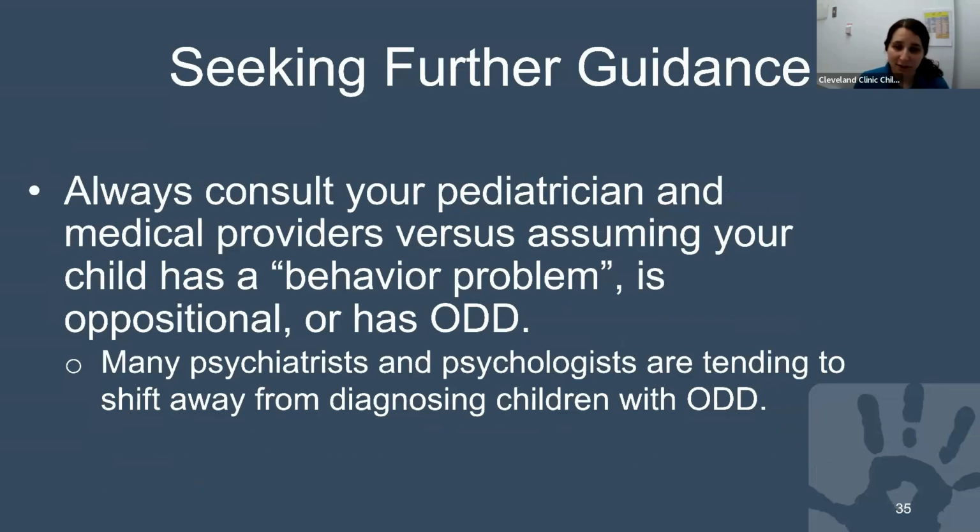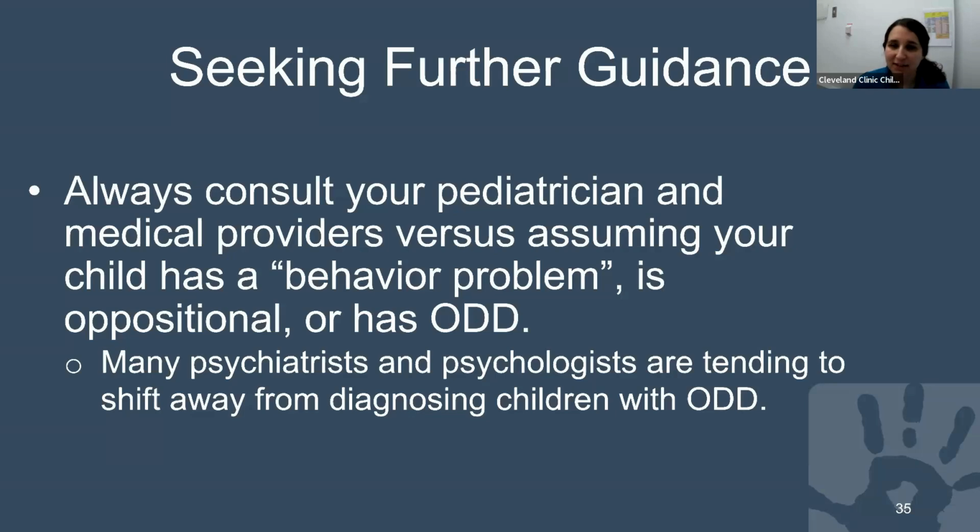One thing that I want to note: there are of course many psychologists and psychiatrists who are still giving the diagnosis of oppositional defiance disorder, or ODD. But there are also many psychologists and psychiatrists, including some within the Cleveland Clinic system, who are starting to shift away from that diagnosis.